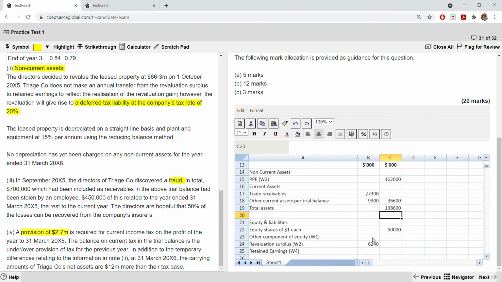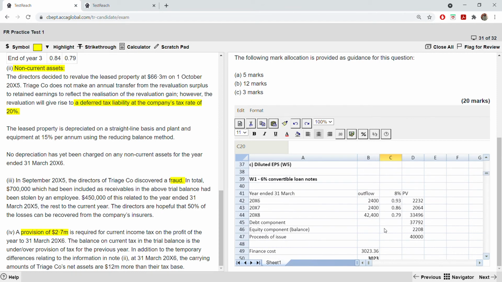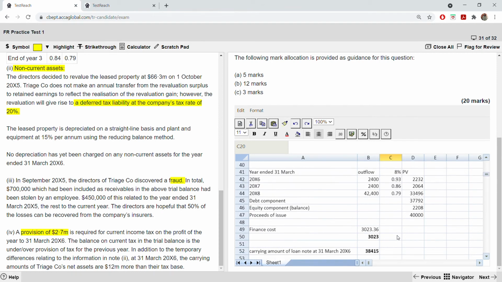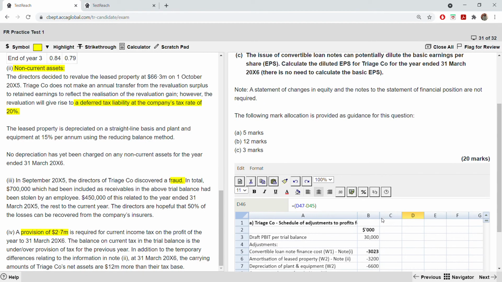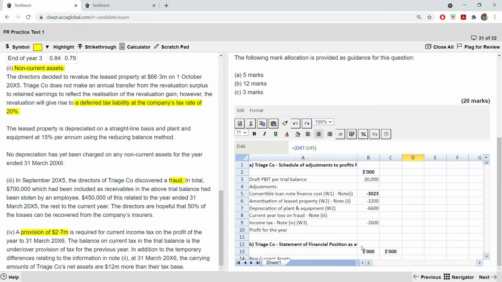So other component of equity, we can just go to working one and take from there, which is this 2208. Copy, because it's the equity component, right? So it comes in other equity component in your balance sheet.